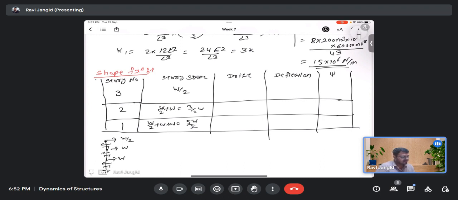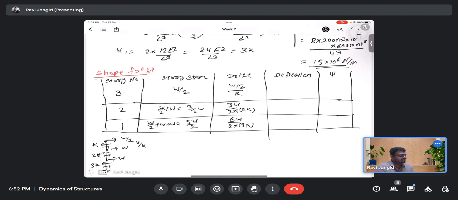So how much drift is coming out in this? This is K, 2K, 3K, we know. In a particular story, how much drift? That is V divided by the stiffness. So that is W by 2 divided by K, then 3W by 2 divided by 2K, then 5W by 2 divided by 3K.